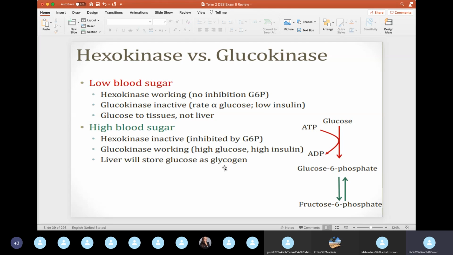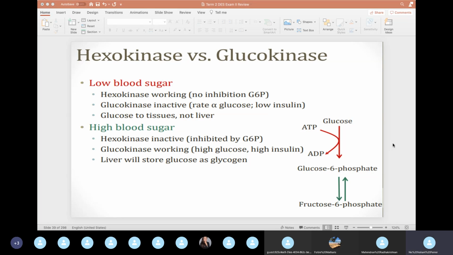Why do I need glucokinase to work? Because I need that sugar to go to the liver to store it as glycogen so that I can have energy in terms of fasting. Okay? So that's your glucokinase and your hexokinase.